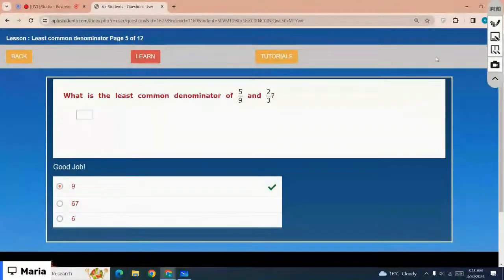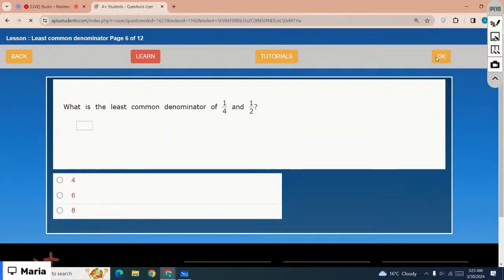Okay, the next one is, what is the least common denominator of 1 by 4 and 1 by 2?